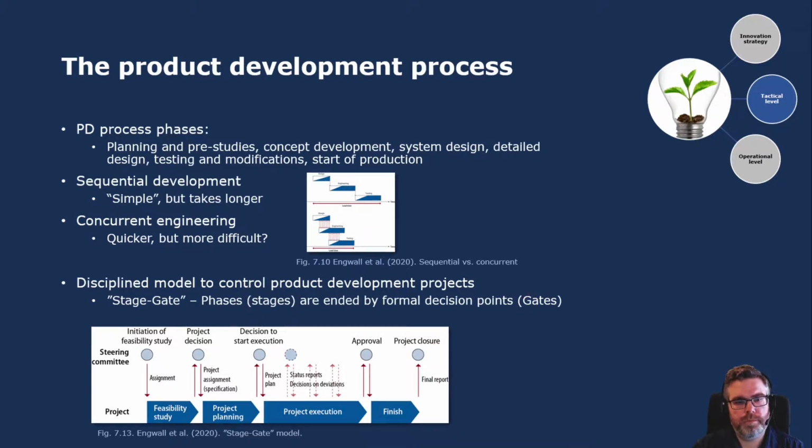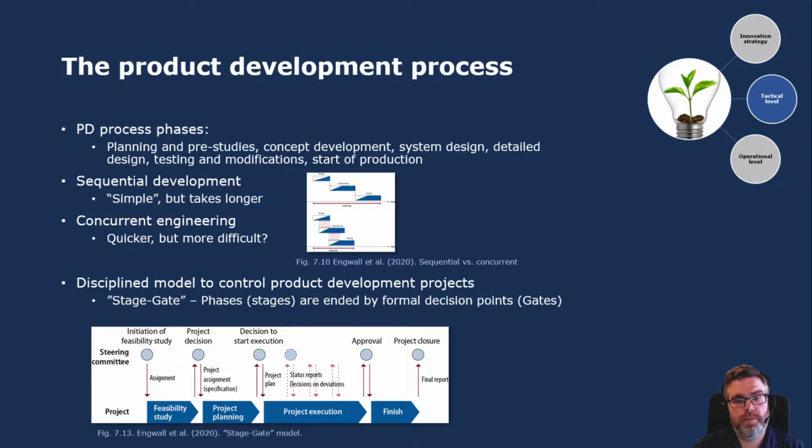So for example, the steering committee will have a gate, which is an initiation of the feasibility study. And given that that decision is taken, the feasibility study starts. And at the end of this feasibility study, there's another decision gate, which determines if it's going to be a project.